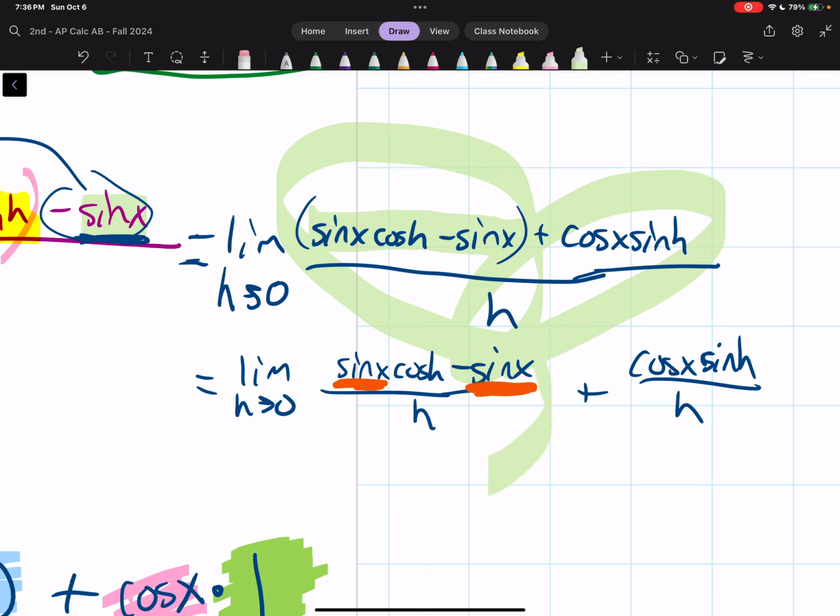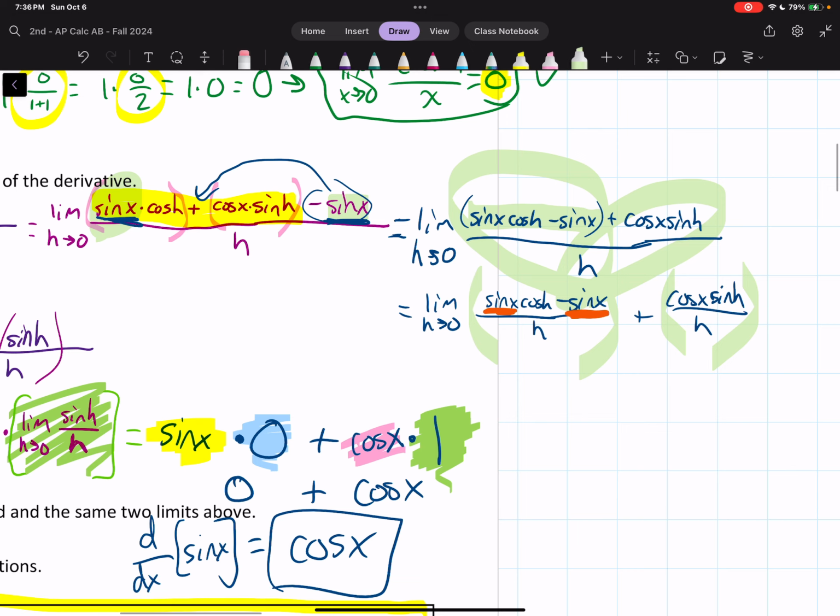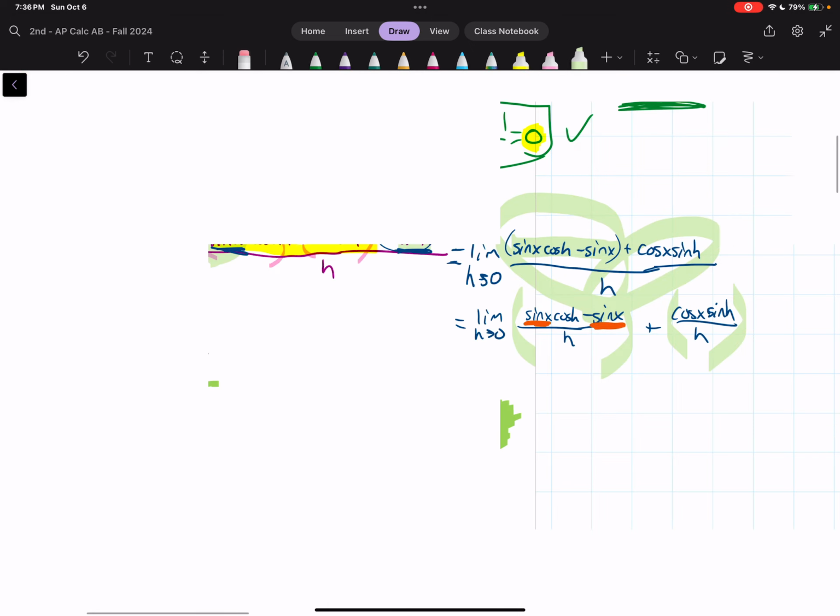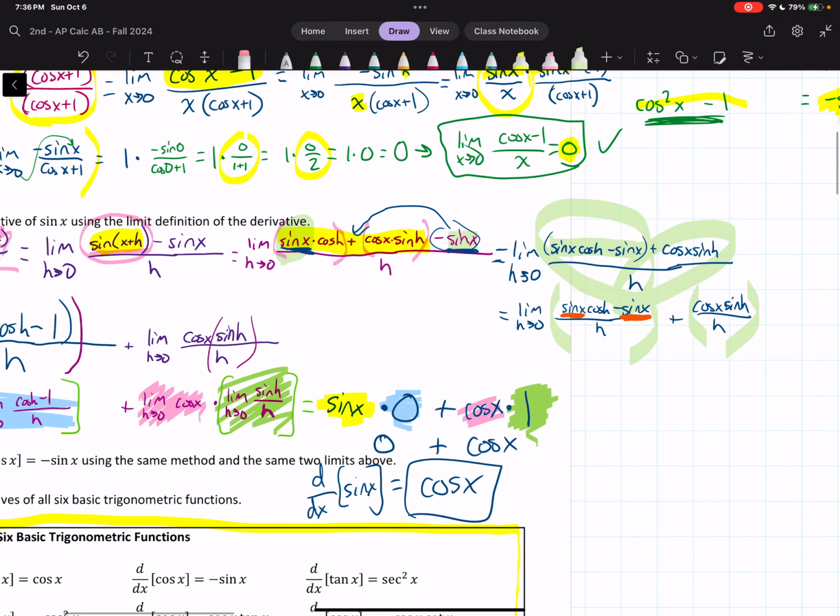So we can split this up into two separate fractions. Essentially we're going to drill this down into smaller and smaller bite-sized pieces that are more manageable for this limit. Because right now we're still going to get an indeterminate form if we try direct substitution.